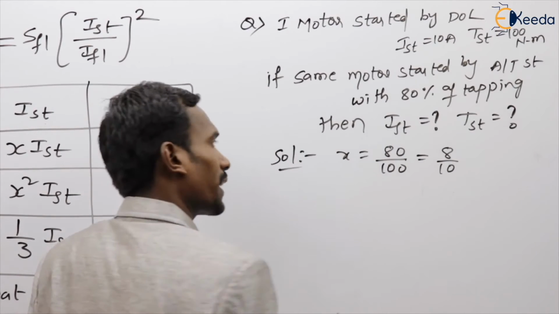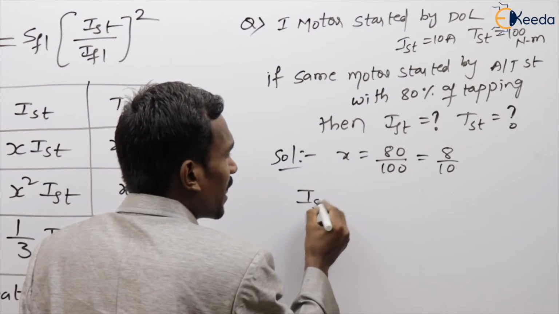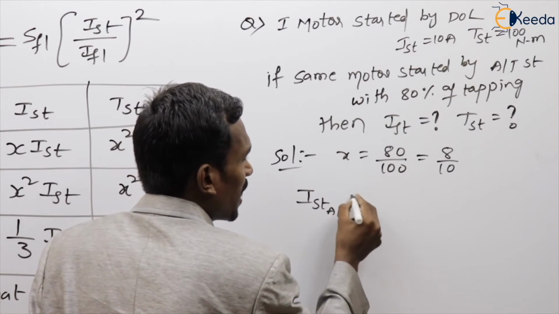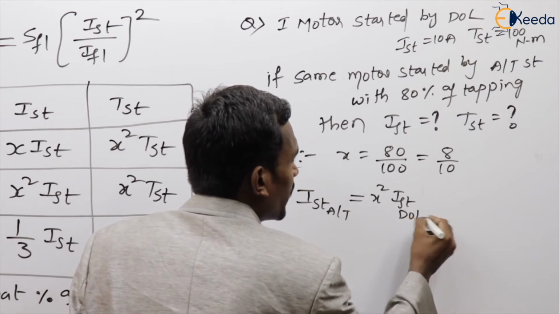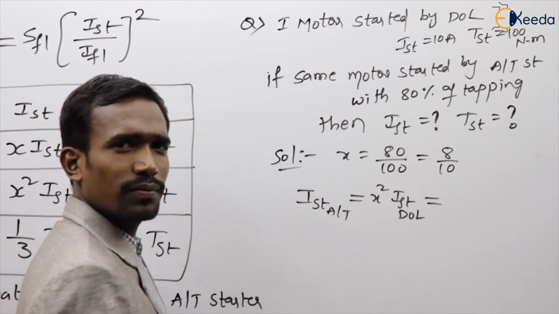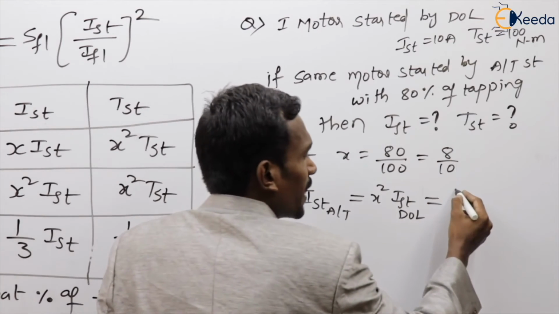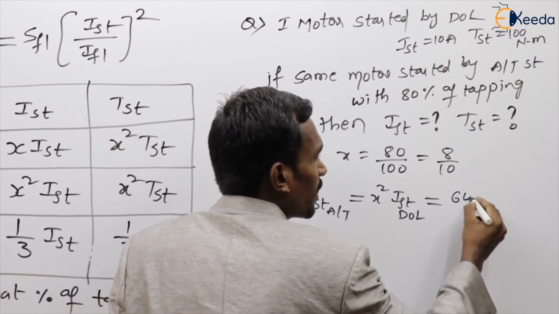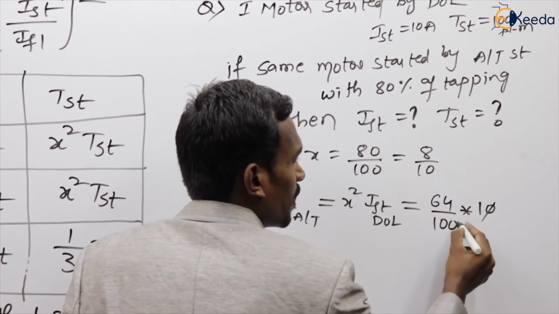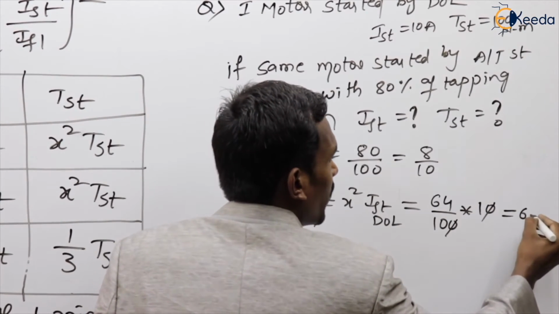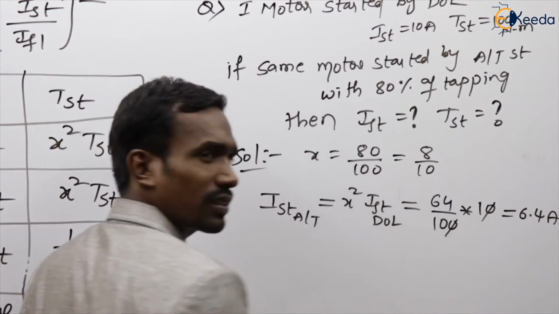Next, the starting current in an auto transformer starter is equal to X square times of the IST in DOL starting. We know this. What is X square? 8 square by 10 square, 64 by 100, into starting current 10. Answer is 6.4 amperes.